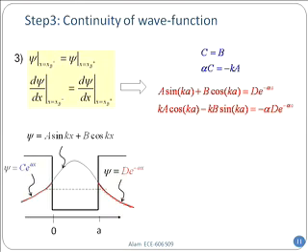For example, the first red equation on the top is evaluated at x equals a, and at x equals a, the wave function is A sine ka plus B cosine ka, right? These two terms must be equal to D e to the power alpha a, because you are evaluating at a, and similarly for the derivative boundary condition. This is no rocket science. You can easily see, match the wave function, match the derivative, be a little careful so that you put all the plus and minus signs correctly.